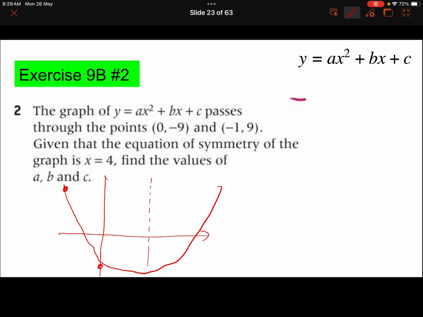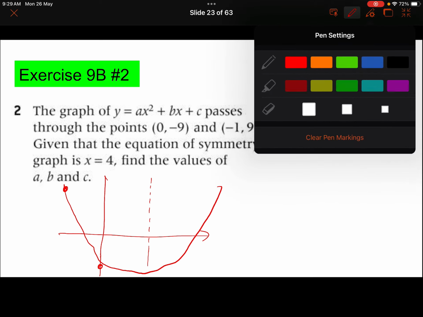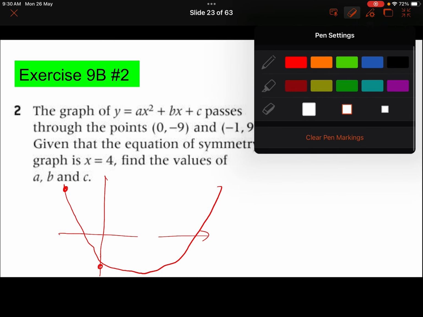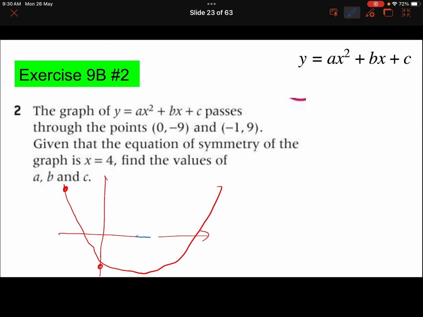Maybe I'm just going to redraw this little bit here. And we have x equal to 4, which is somewhere here. Okay, so this is -1, 9, this will be 0, -9. So this is just a sketch of the graph. And we're supposed to find the values of a, b, and c.